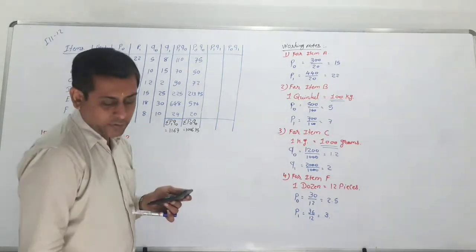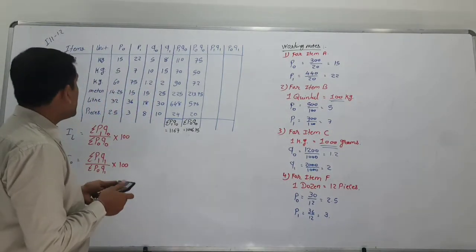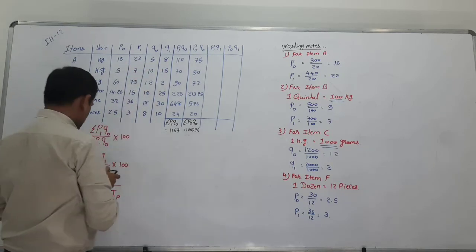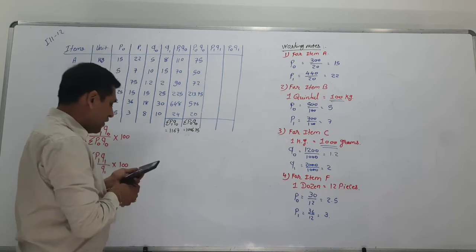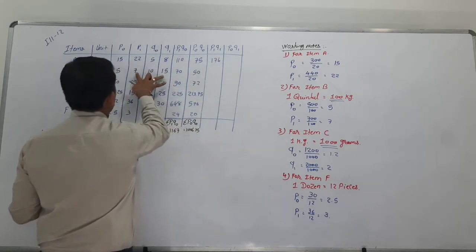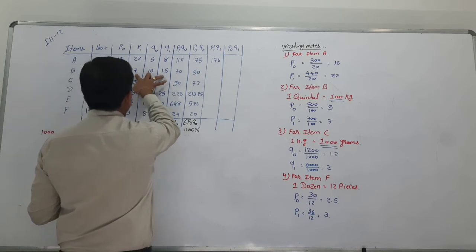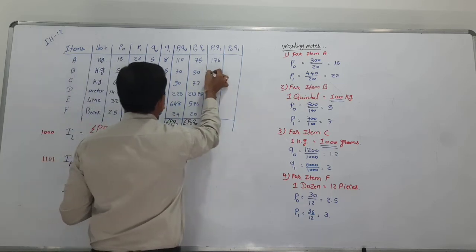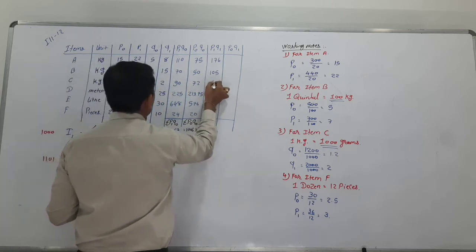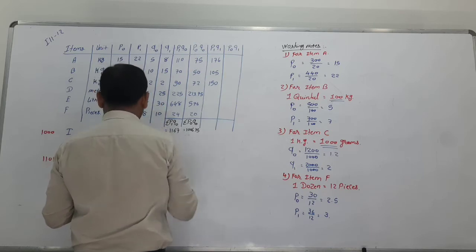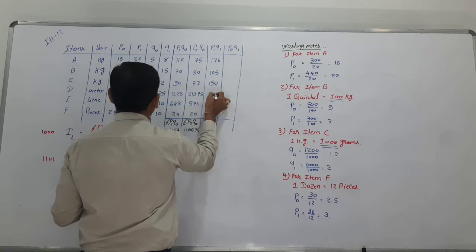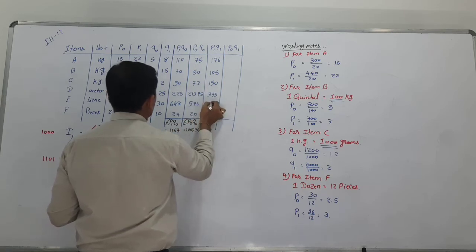Okay. Now next one is P1 Q1. 22 into 8, 176. Then 15 into 7, 105. Then 75 into 2, 150. 25 into 15, 375. Then 1080.